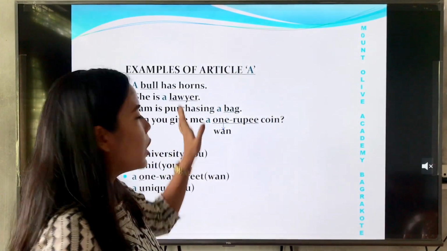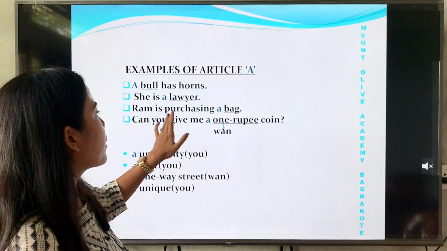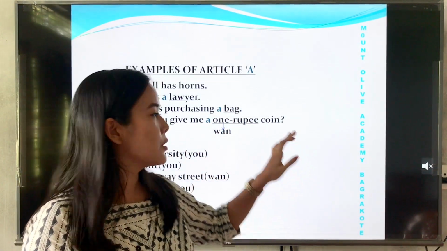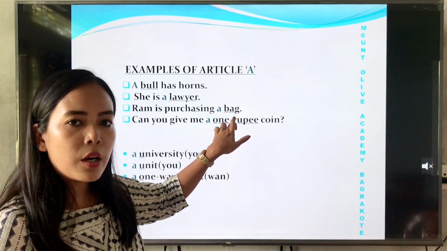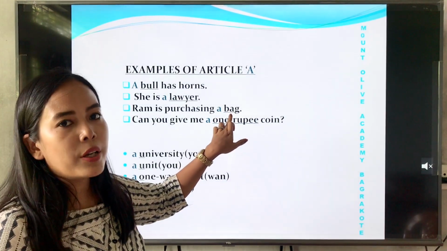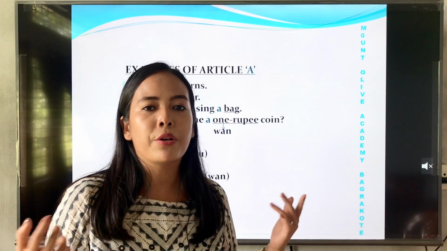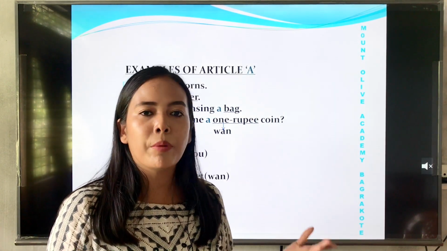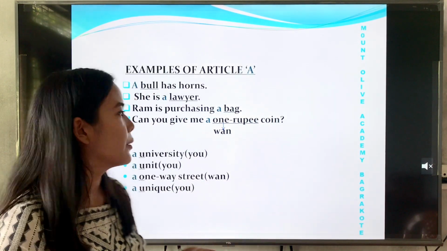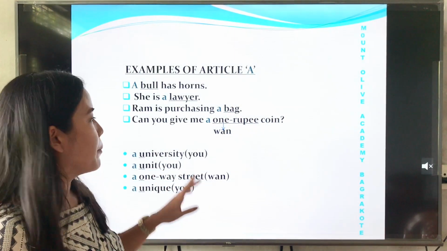So Ram is purchasing a bag. This is countable, singular, and here bag is not definite. It can be any bag. It can be a handbag, a trekking bag, a school bag. Any bag.